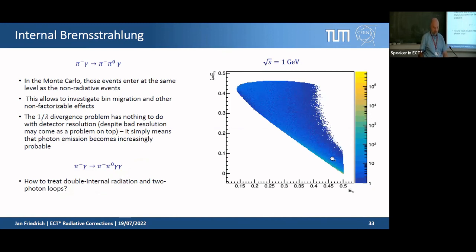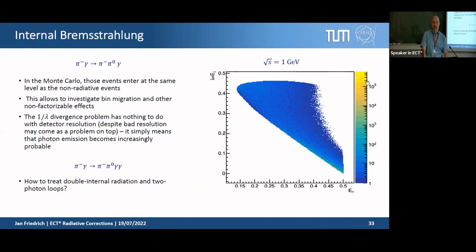And of course, you see that the soft photons are by far dominant. Yeah, you see here on this scale, it's like 5 orders of magnitude more probable to have a soft photon than all the rest of the phase space.